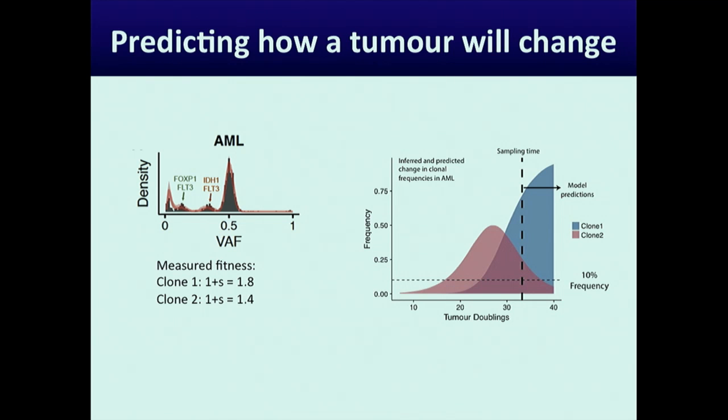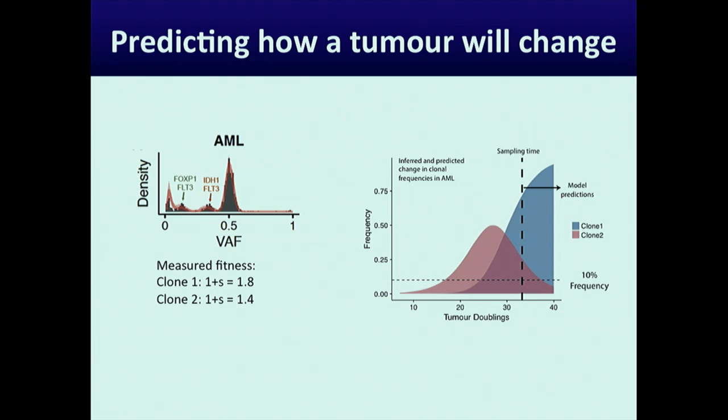So what you're seeing here is an example from this AML case where we've measured the fitness of these two subclones, and we estimate that this is the time in tumour history when we're making our samples. And so you can see there's one subclone that's predicted to die out effectively in the tumour, while the other subclone will come to dominate that tumour.